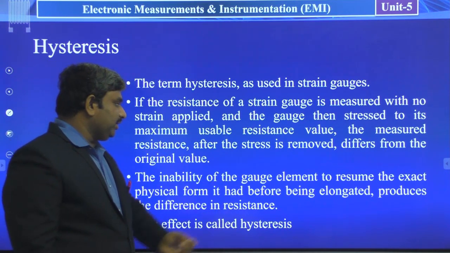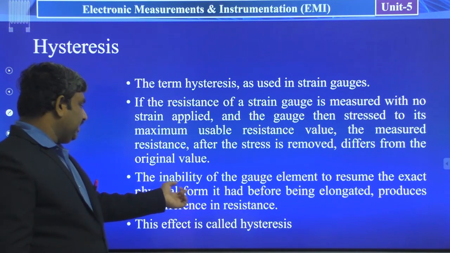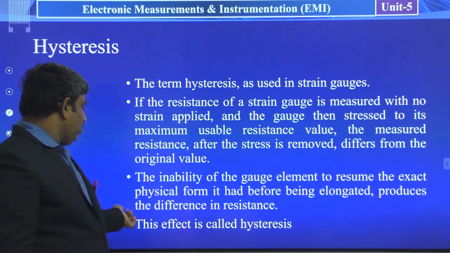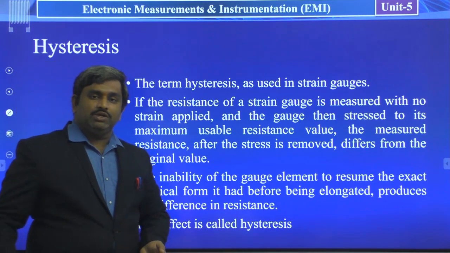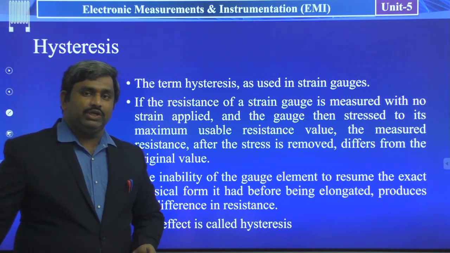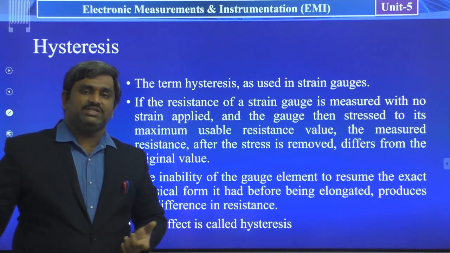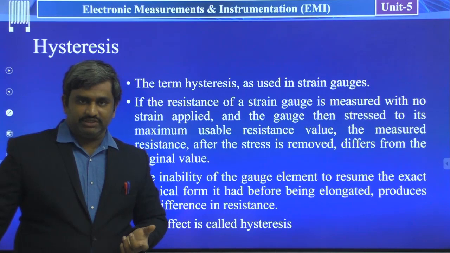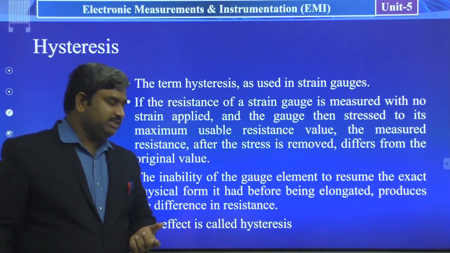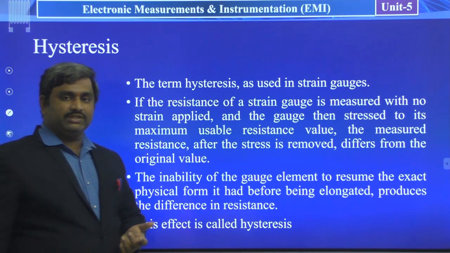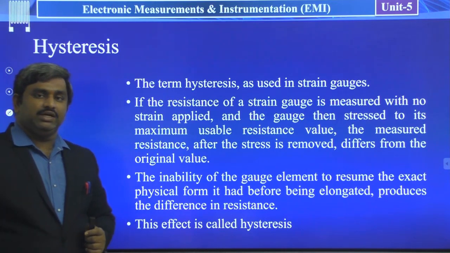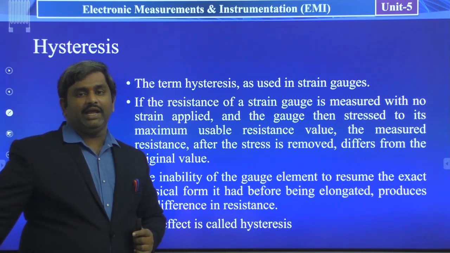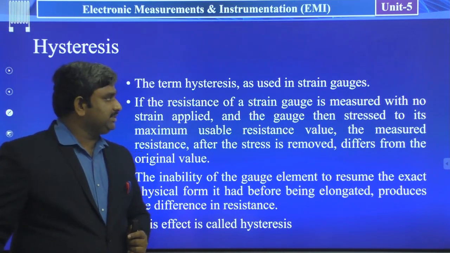This inability of the gauge element to resume the exact physical form it had before being elongated produces the difference in the resistance. So whenever you are stretching, it will produce some resistance variation. That difference in the resistance is called the hysteresis effect. This type of effect is called hysteresis. So the hysteresis effect is more important in the metal foil type strain gauges.